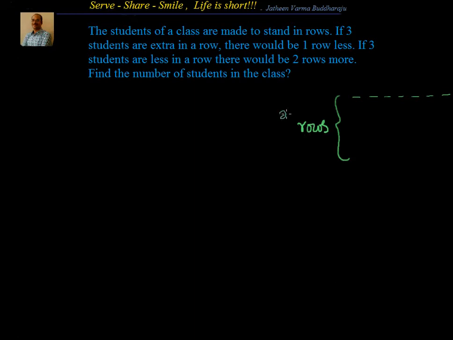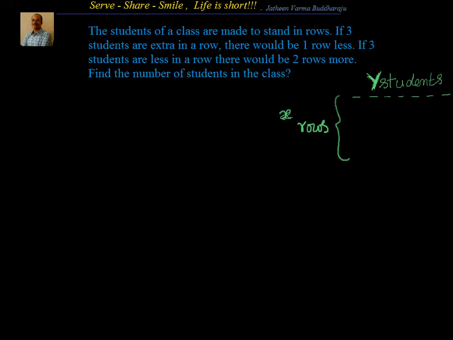We will say there are X rows and in each row there are Y students. This is our understanding, our assumption. We have been told that the students are made to stand in rows. So we are saying that in each row there are Y students and there are X rows.